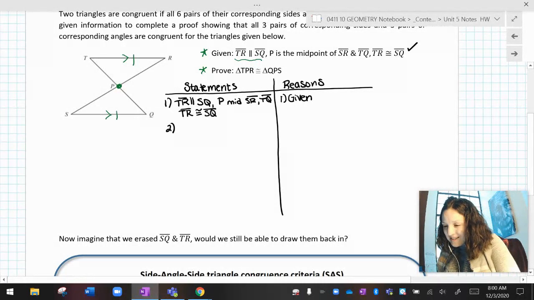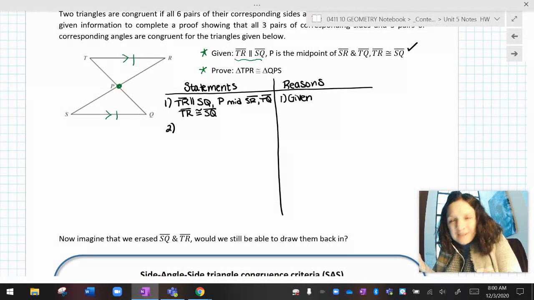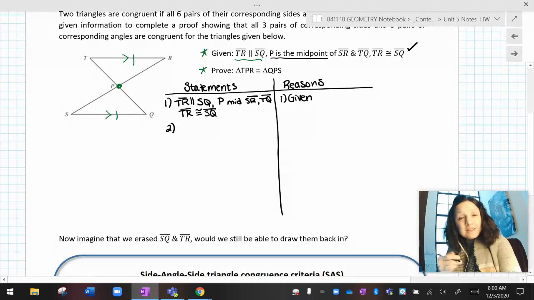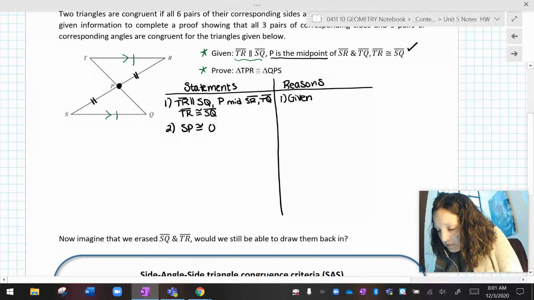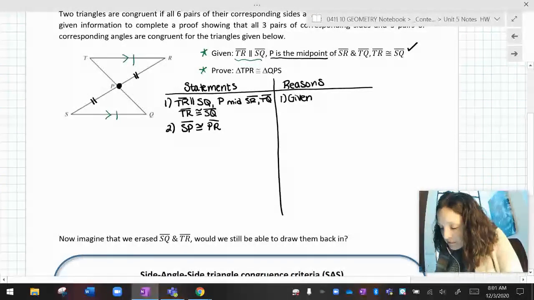So what else can I say? In the givens, they told us that P is the midpoint of SR. In the last lesson, we said whenever your given includes a midpoint, midpoints create congruent segments. So if P is the midpoint of SR, that means SP is congruent to PR, because midpoints create congruent segments.